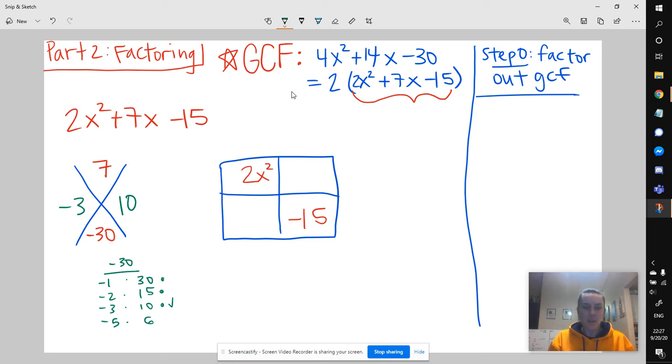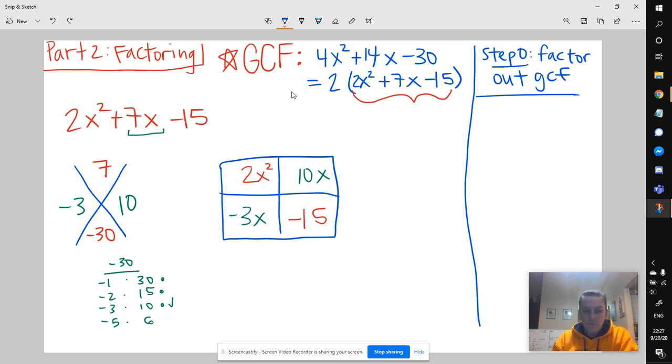Okay, the numbers we came up with here are the other 2 numbers in our box. Except they have an x with them because they're adding up to replace this 7. Okay, I'm gonna switch back to blue because we're getting to our final answer. Now we want to fill out the numbers here, here, here, and here, such that it's the greatest common factor, or things that multiply to get these boxes.